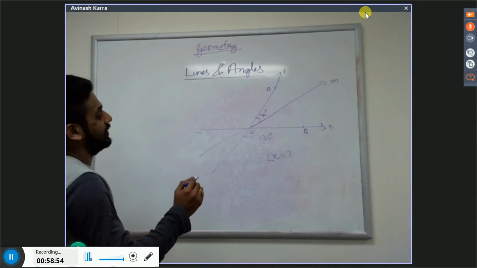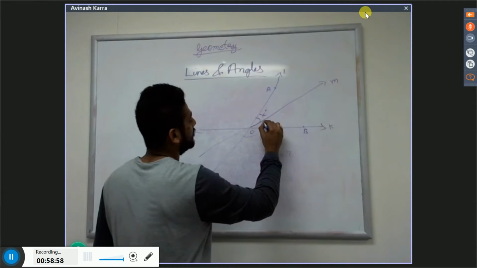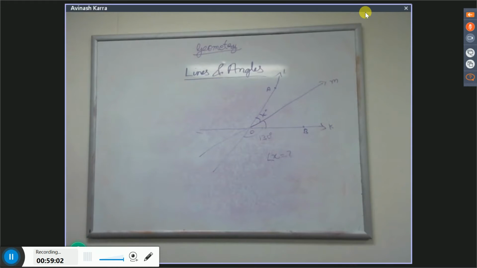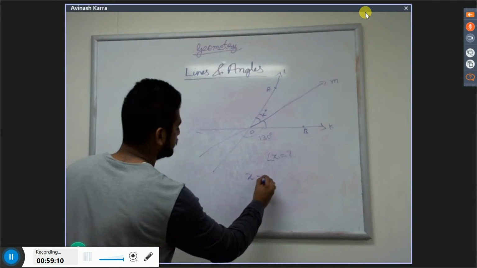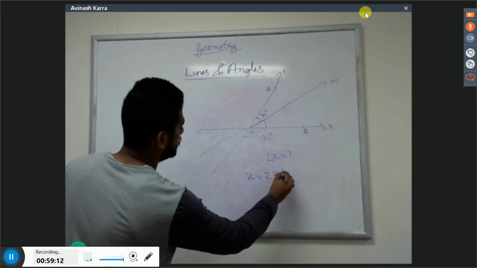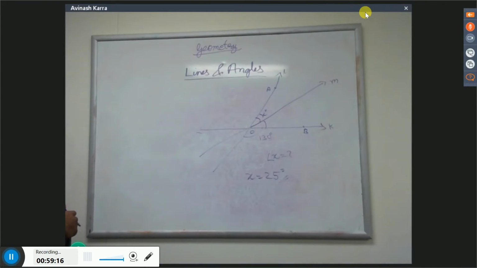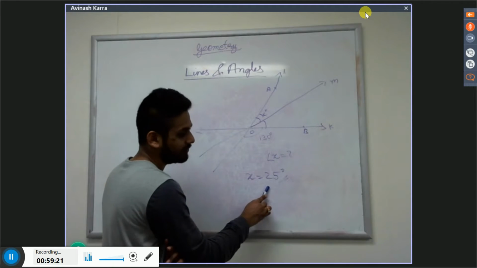See, I forgot to say, this is the angle bisector. X equals 25. Is x 25? Yes. Is there anyone who didn't get the answer x equal to 25?